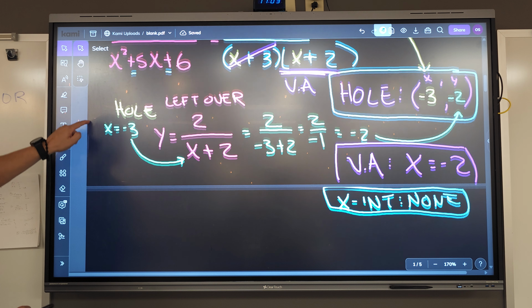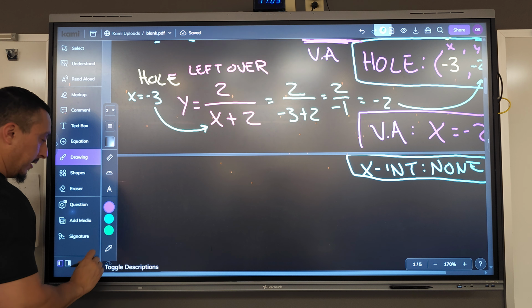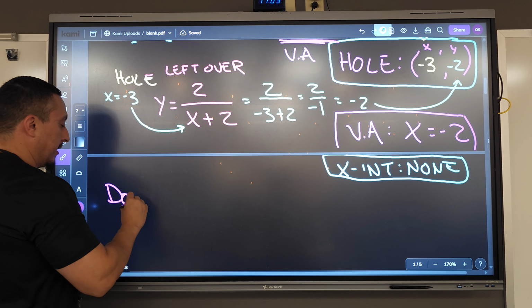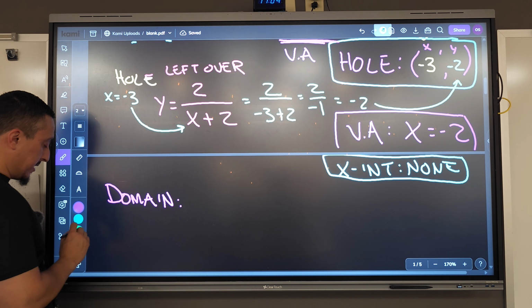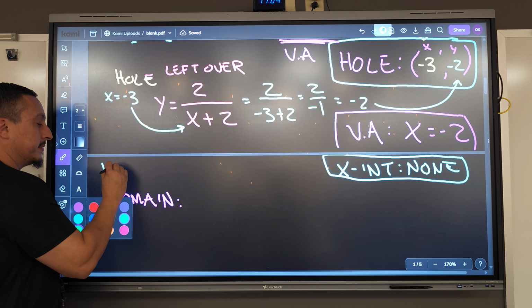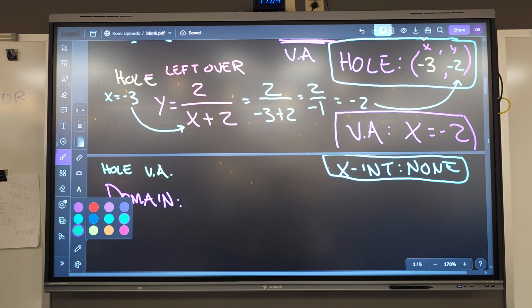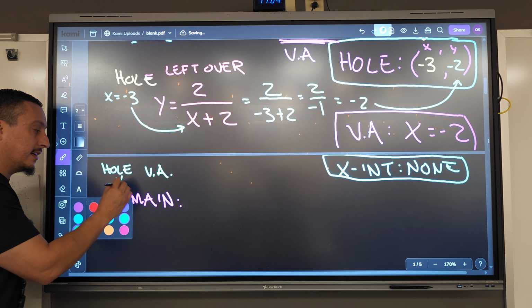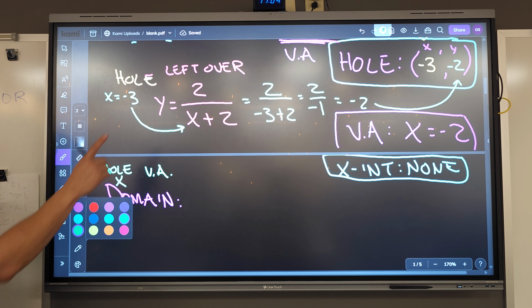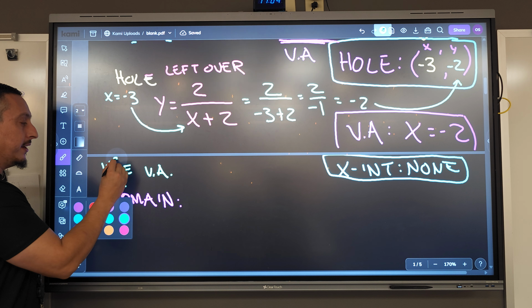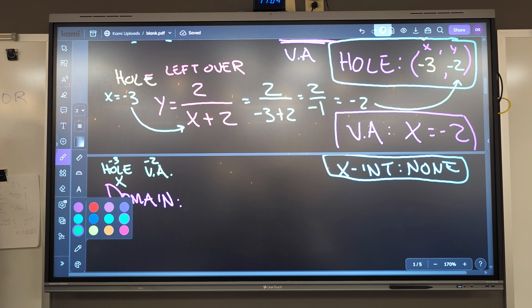Okay. Now we need to clarify domain. The domain will be, you just have to jump over the hole and the vertical asymptote. More specifically, the x of the hole and the vertical asymptote. So the x of the hole is -3 and the vertical asymptote is -2.